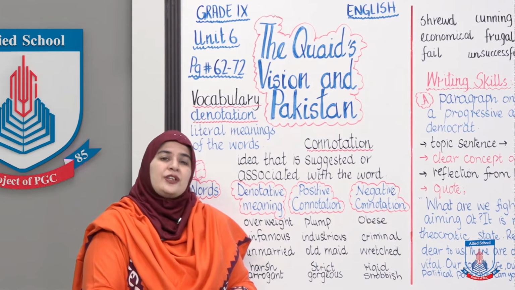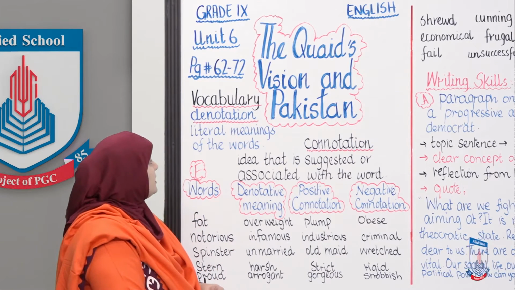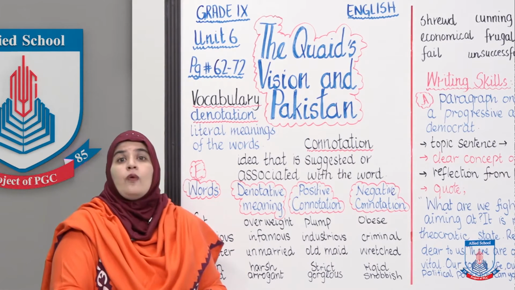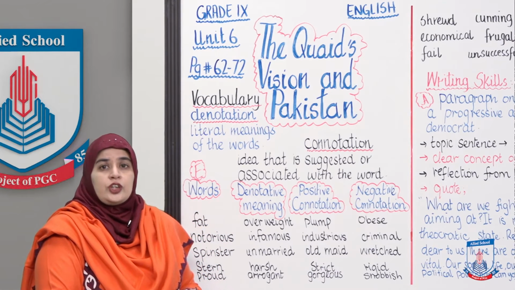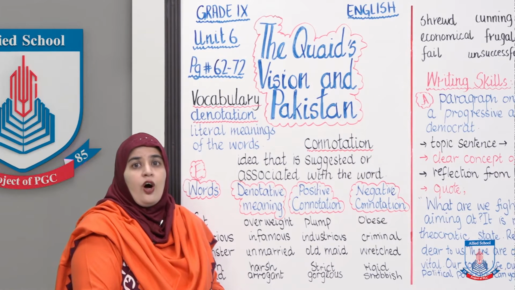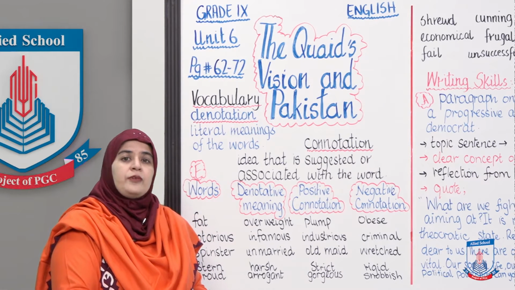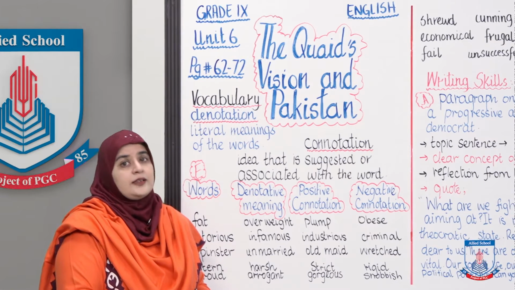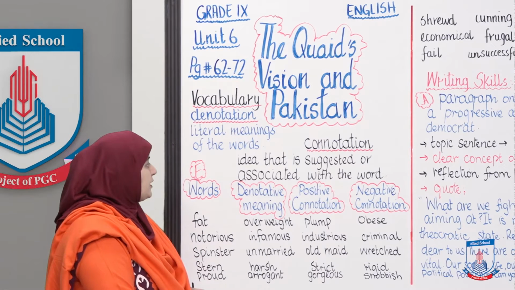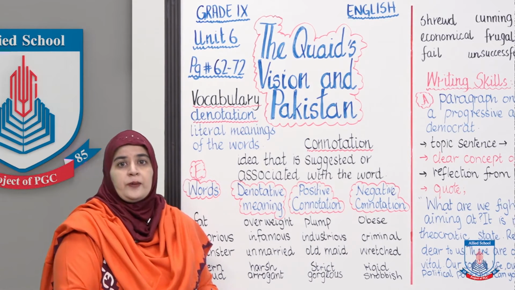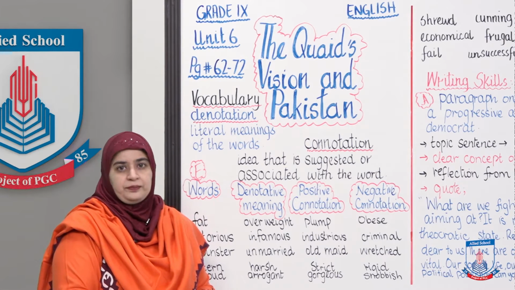Right? So the first question of the day is connotations and denotations. What are connotations and what are denotations? Denotations are the meanings of the given words which are literal, taken from the dictionary, whereas connotations are the idea that is suggested or associated with the word. In your book, the example of snake is given.